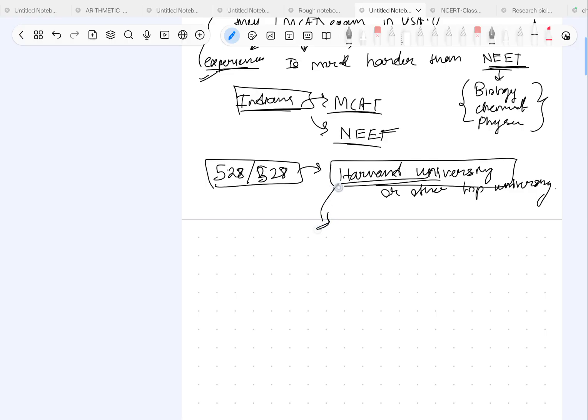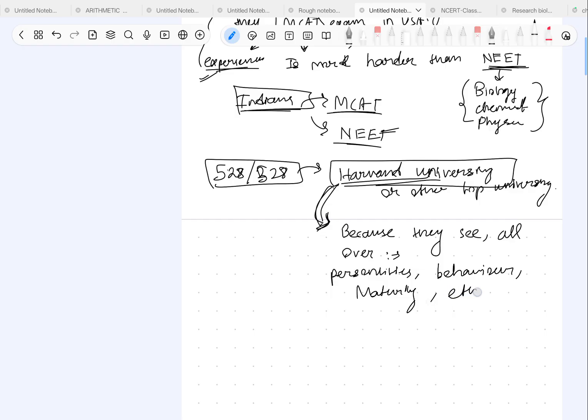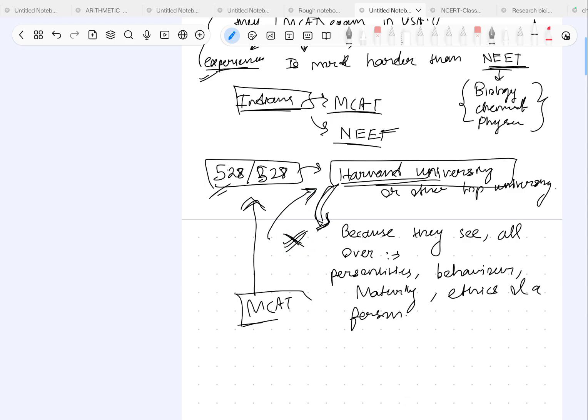The people in its management and administration look at a person's overall growth, beyond studies: personality, behavior, maturity and ethics. If a person cracks the MCAT with a very good mark and thinks he will go to Harvard, that is not at all certain.